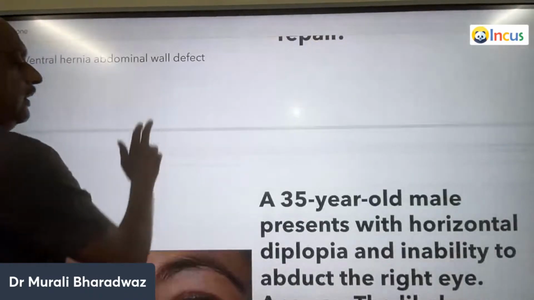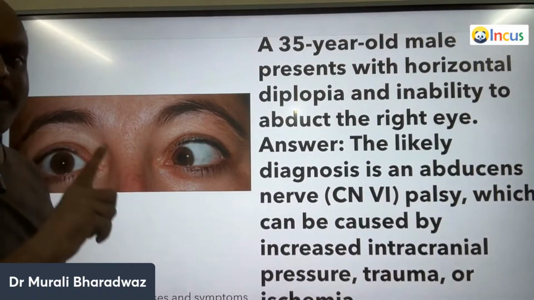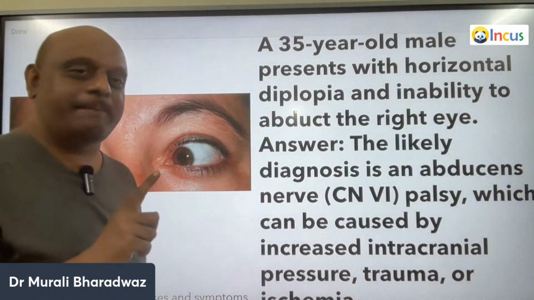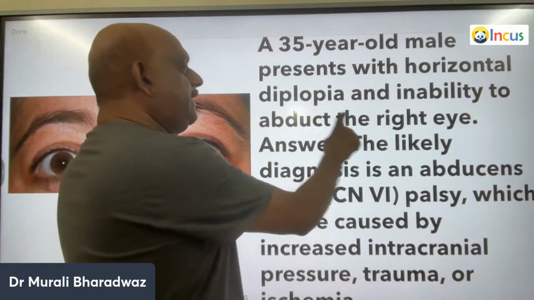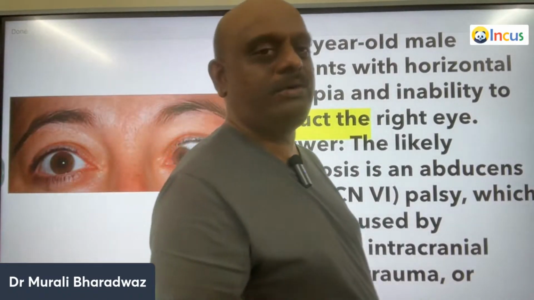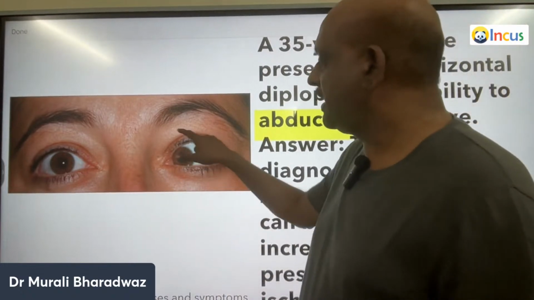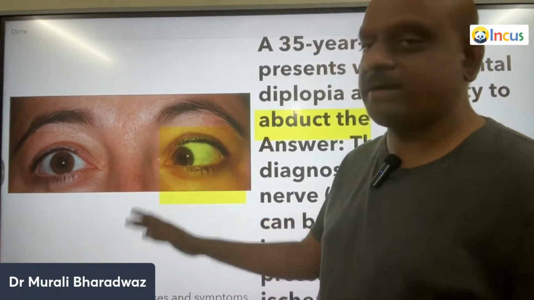Now, a 35-year-old male presents with horizontal diplopia. There's an inability to abduct the right eye, which is very classical of abducens palsy. This eye is unable to abduct.